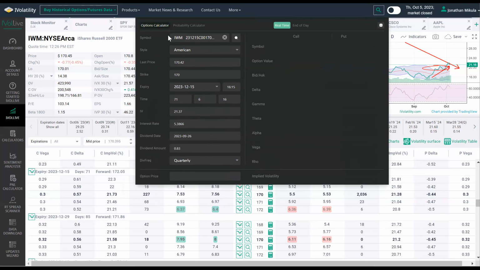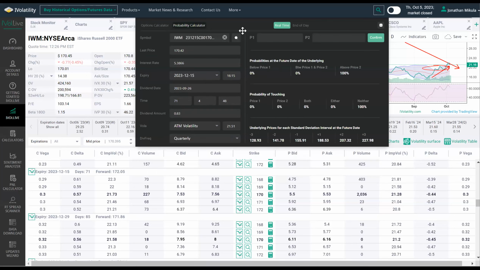First thing you'll have when you pull this up is the options calculator. So this is if you wanted to play market maker and play around with different strike prices, different expirations, different days to expiration, right? You could change this. Right now we have 71 days, which is right in my sweet spot. But you could say, well, what if there's only 51 days left? What would that do to the options price? And all this will update.